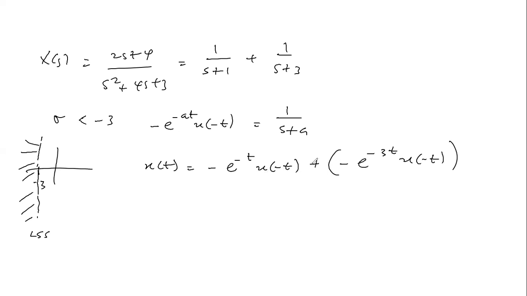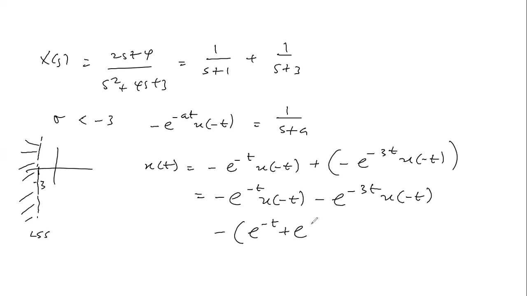So minus times minus gives minus e to the minus t, u of minus t, minus e to the minus 3t, u of minus t. And we have this in common, so this can be the same as minus e to the minus t plus e to the minus 3t, u of minus t.